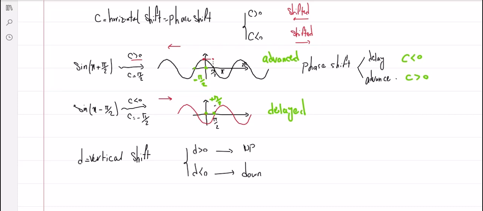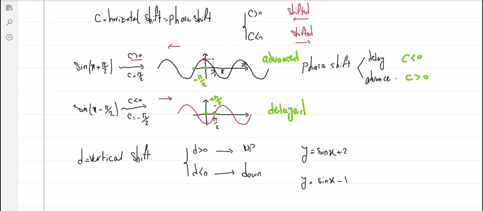So in order to draw these functions, you can just simply move the center line of the function by the value of d to the upside or to the downside. So let's, for example, say we want to draw sine of x plus 2, and also we want to draw sine of x minus 1 as an example.